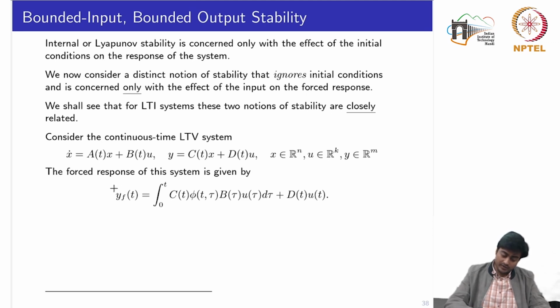Here we have specified Y with a subscript F, which denotes the forced response, and we also know that the total response of the system Y has one component from the homogeneous response plus a component from the forced response. The homogeneous component is because of the initial condition x naught, and the forced component is because of the external input U. So now we will see the definition of stability when the initial condition is equal to 0, meaning we won't see the homogeneous response. We will only be concerned with the forced response.